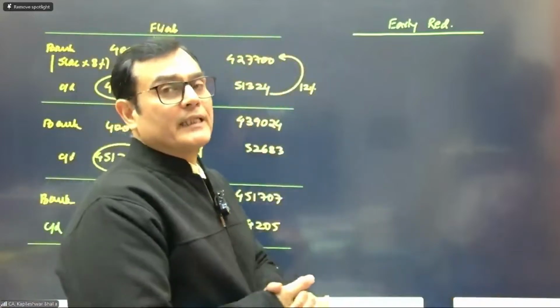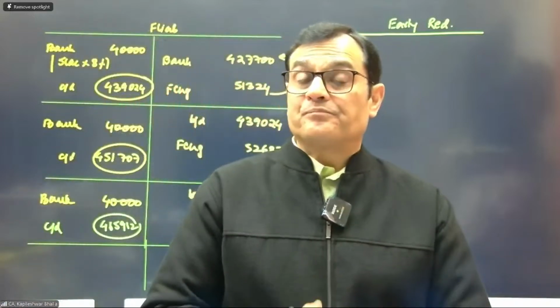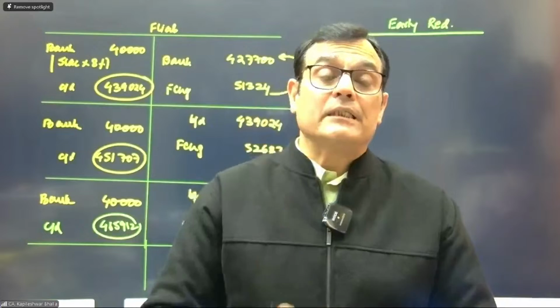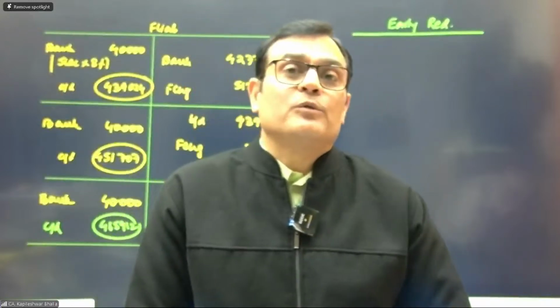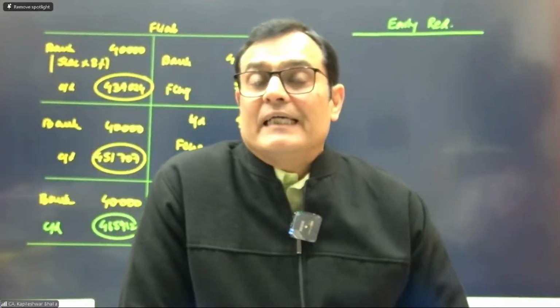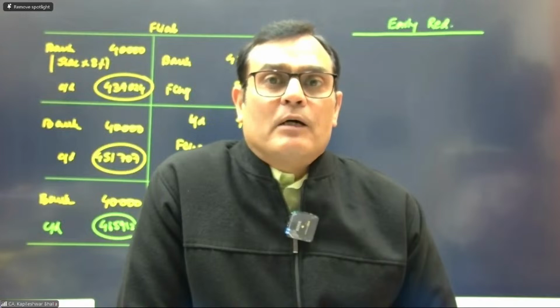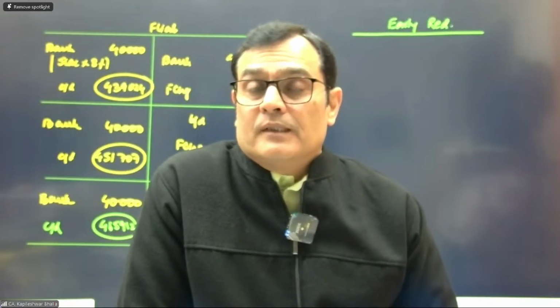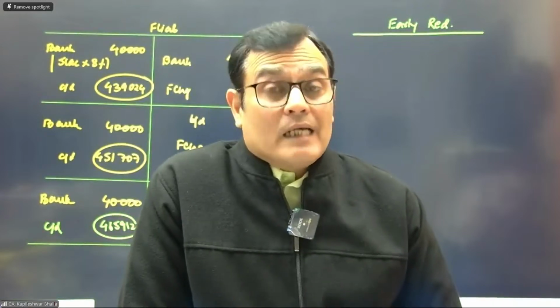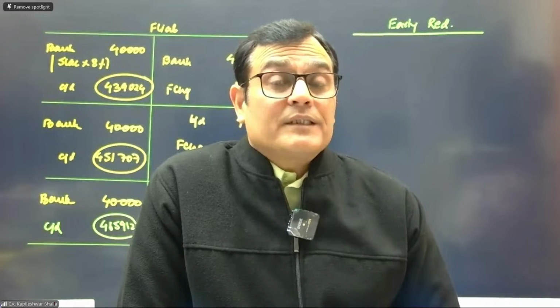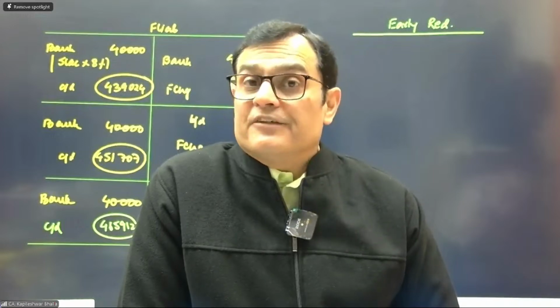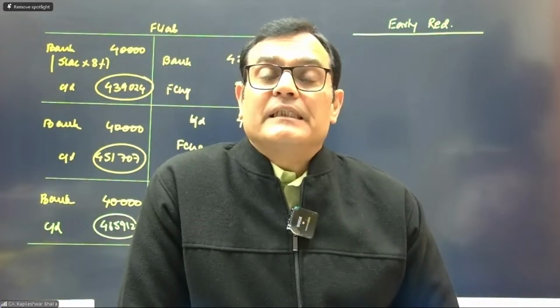Now let's come to the case of early redemption. The company told the holders that we're going to give you 5,25,000 as a consolidated amount towards early redemption. But now the question arises: out of this 525, what is paid towards the financial liability and what is paid towards the equity?